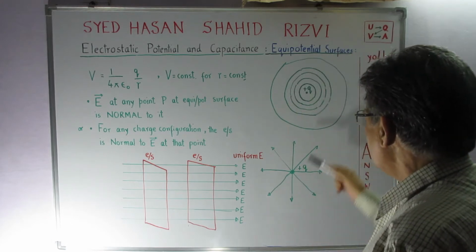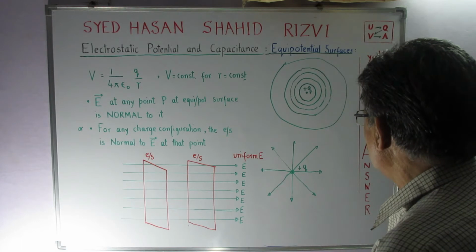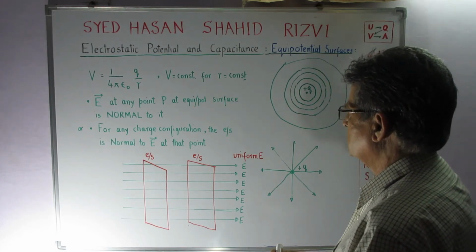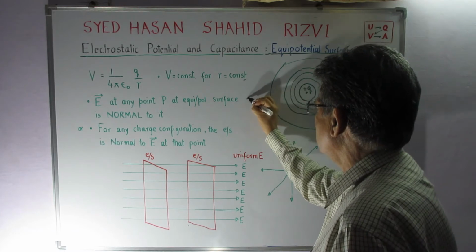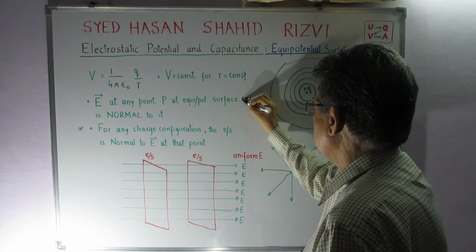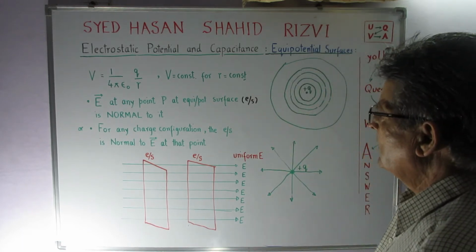That means all these spherical surfaces made around this charge will be equipotential surfaces.